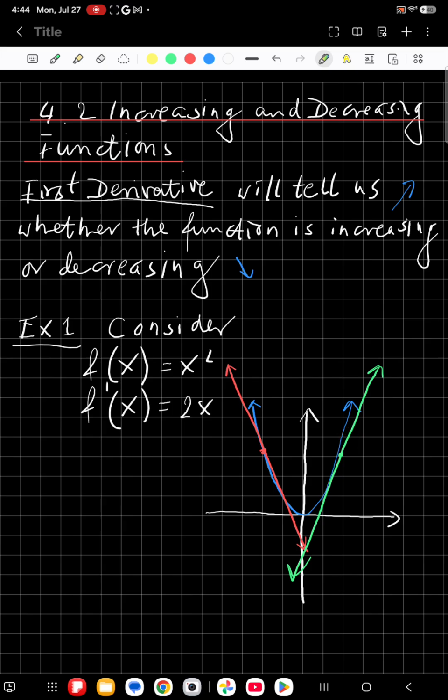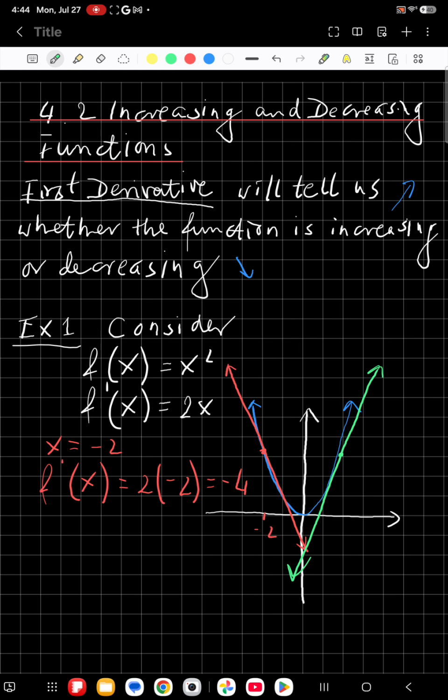Also, if you pick a couple of numbers, for x equals -2, f prime of x, the slope at x equals -2 would be 2 times -2. So that slope will be -4. So you see that the function is decreasing, the slope is negative. Let's put that -2 here.